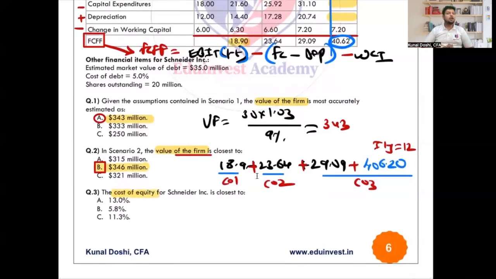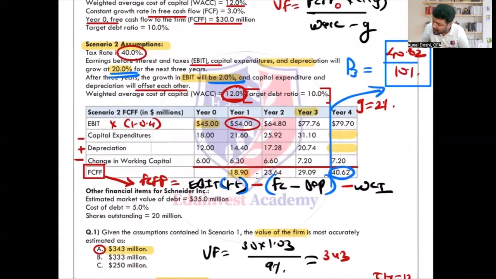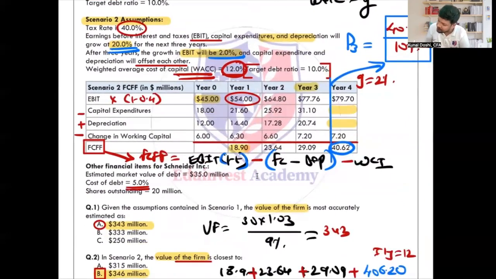Next, they're asking me the cost of equity. In order to calculate the cost of equity, we have been provided with WACC. We also have the cost of debt and the market value of debt. We have shares outstanding and the current market price.